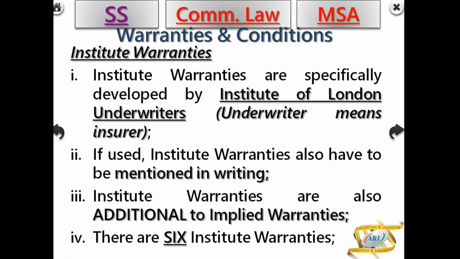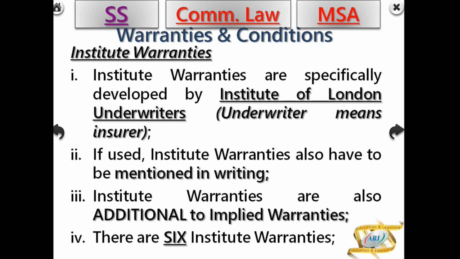All these companies, cargo insurers, hull and machinery insurers, everything, they are all members of Institute of London Underwriters. That institute, for the benefit of the member marine insurance companies, has created their own thing. If you want to use this, it is up to you to mutually agree with your assured.